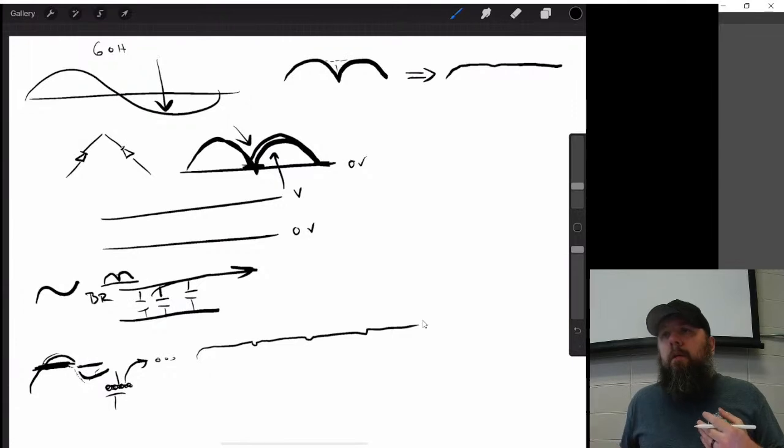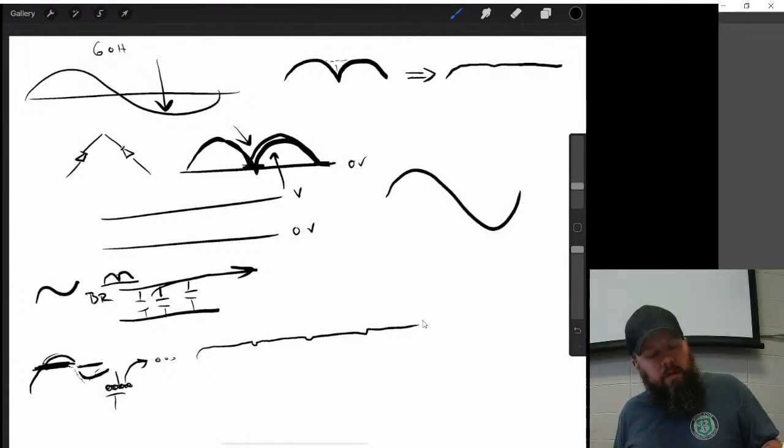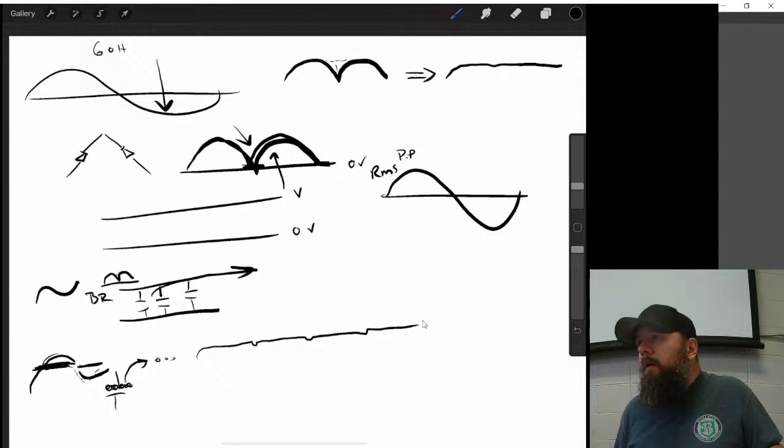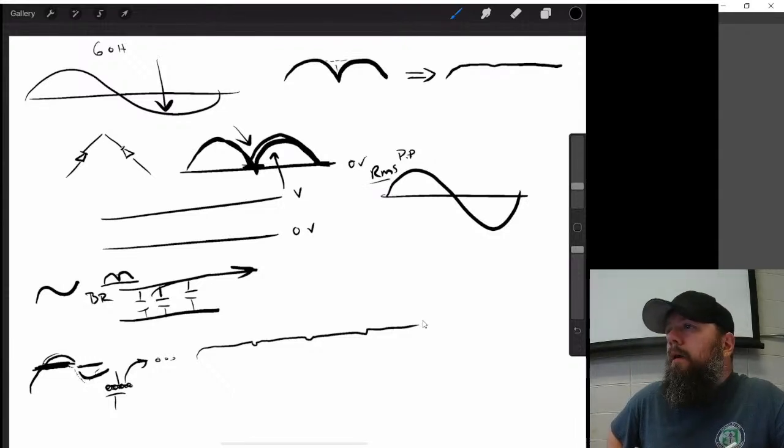All right, so when you look at a measurement and you see peak to peak, and then you see what's called RMS, right? RMS means root mean squared, okay? Taking the square root, mean is the average, and square is a square.